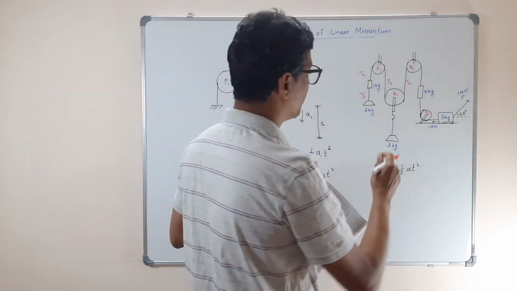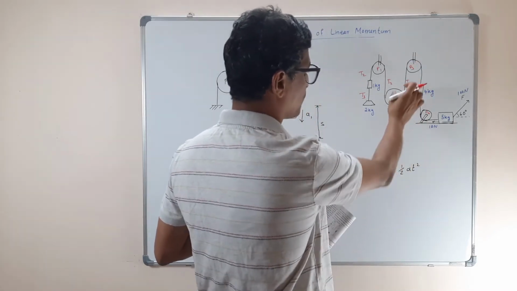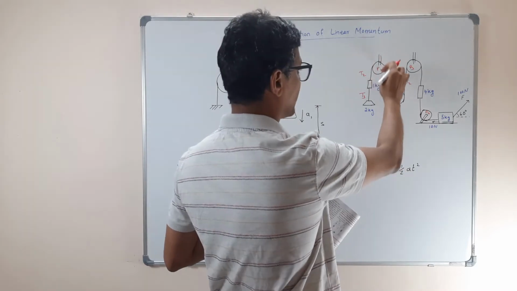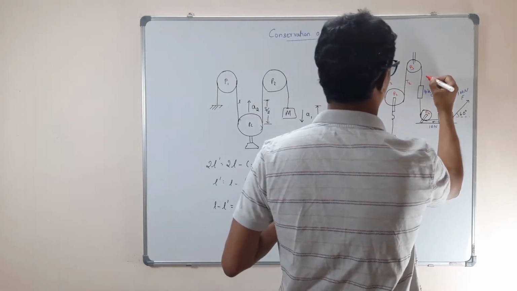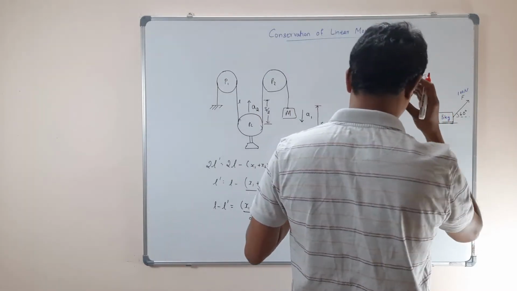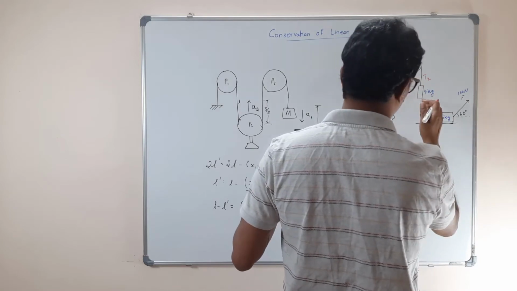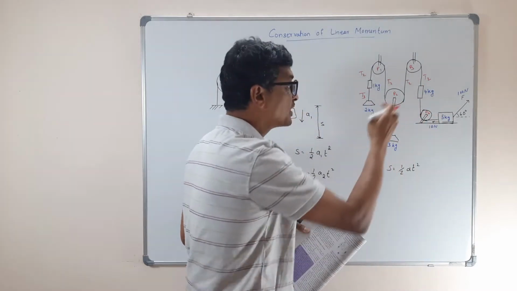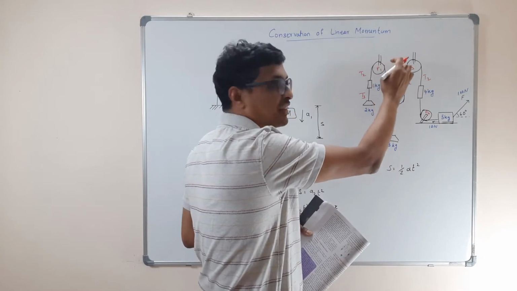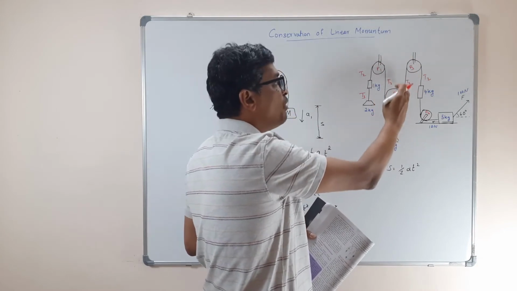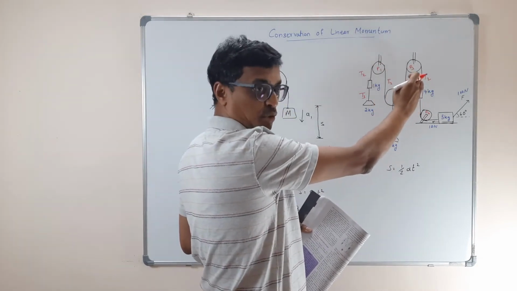So this is the same tension, the same mass is going to pull the tension, and the same tension carries over here. So up to here the same tension will be there. You understand why I am making the tension the same? It's a single rope, because it's frictionless. So the same tension will be up to here, up to one mass.